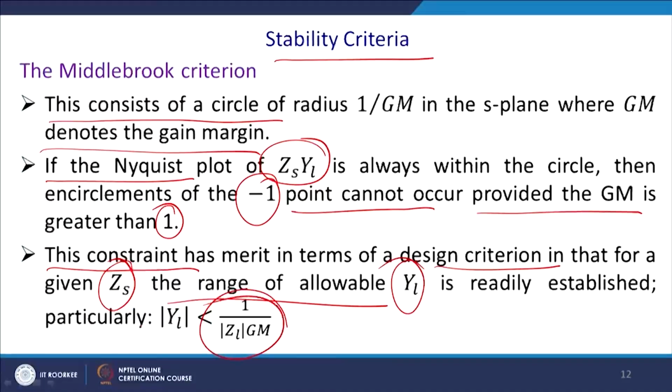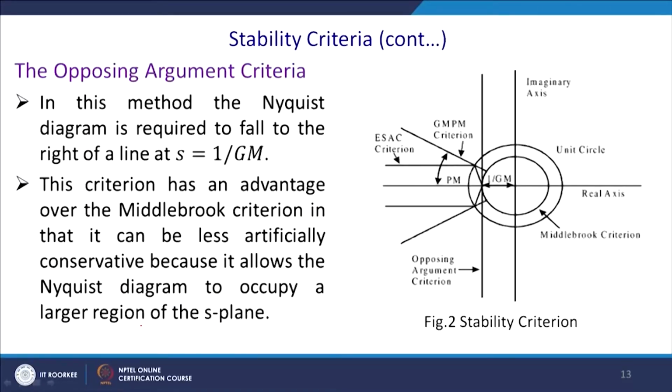That is something we require to consider and establish. So, this is the stability criterion, this is the unity circle, this is the sigma axis, and this is the j omega axis.